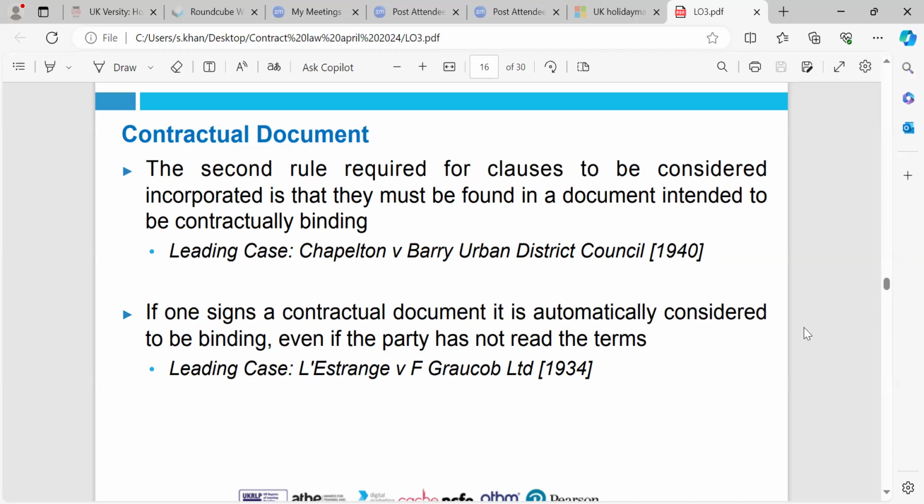In this case, the facts were that the claimant, L'Estrange, contracted to purchase a slot machine for cigarettes from the defendant, Graucob, and the agreement included an express clause stating that this agreement contains all the terms and conditions under which I agree to purchase the machine specified above, and any express or implied condition, statement or warranty, statutory or otherwise not stated herein is hereby excluded.